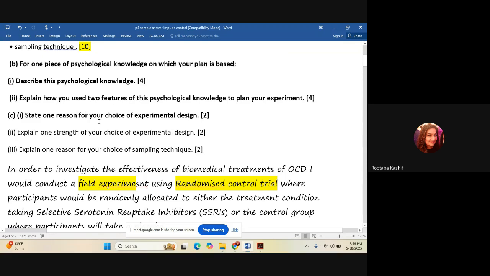When you are writing about a reason, you would say independent measures design is used because of this reason, and this would not have been possible or practical if the other design was used, for example, repeated measures design, because it would have this problem, right? So compare two similar designs, and say why you have chosen this design over the other, right?